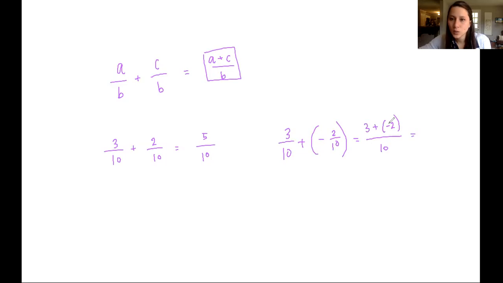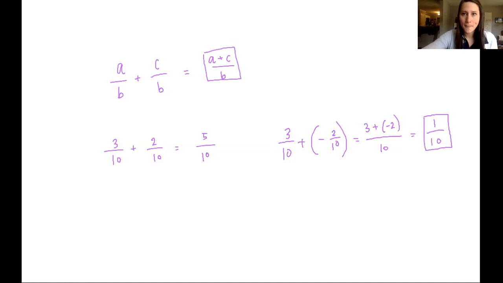And then I would just work out the numerator, bringing that negative into the numerator, adding them as 3 plus negative 2. And so this is where you have to recall those rules for negative numbers. 3 plus negative 2 is positive 1. And so it's positive 1 over 10, and that's your answer.